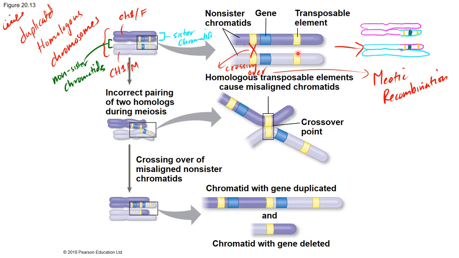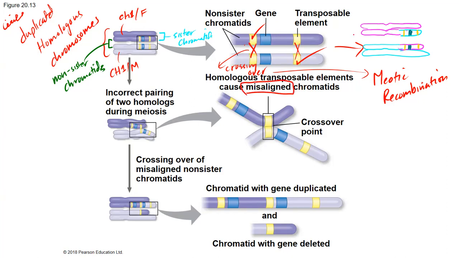Okay? So crossing over could happen between these two in this region, or maybe in this region, because here we have identical sequences. That's why they are given the same color. But crossing over, in theory, could also happen between this sequence and this sequence, because these two sequences are also identical. And this happens when these two transposable elements are misaligned.